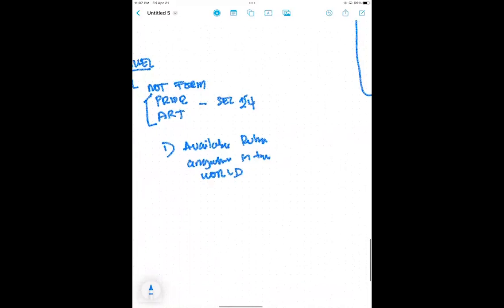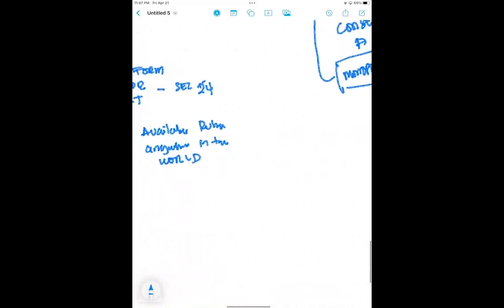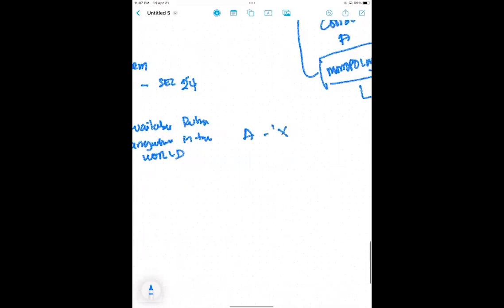Okay? So kapag available na, let's say for example, A said that he was able to invent this particular X, and the patent examiner knows that X already exists in, let's say, China, or in QC, or in Bangladesh, or anywhere else in the world.